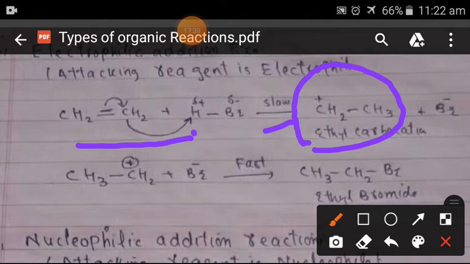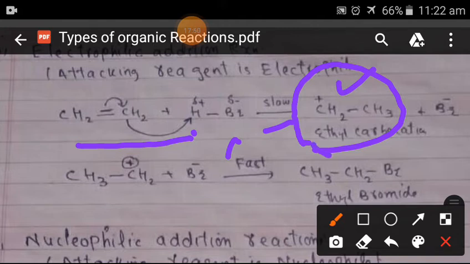Reaction intermediates may be carbocations, carbanions, carbenes, nitrenes. These are called reactive intermediates. Similarly here, a carbocation gets generated. This reactive intermediate is highly reactive and short lived.